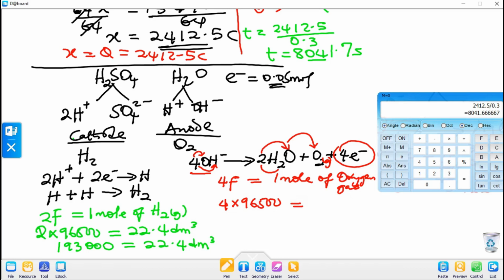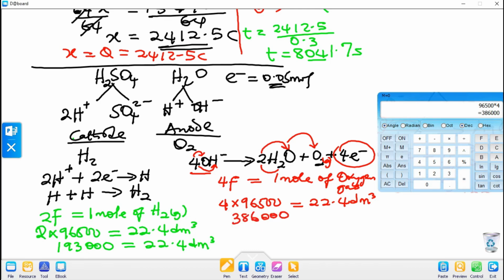And what is 1 mole of oxygen gas? 1 mole of any gas at STP, from our stoichiometry knowledge, is 22.4 dm cube. So what is 4 times 96,500? 96,500 times 4 gives us 386,000.